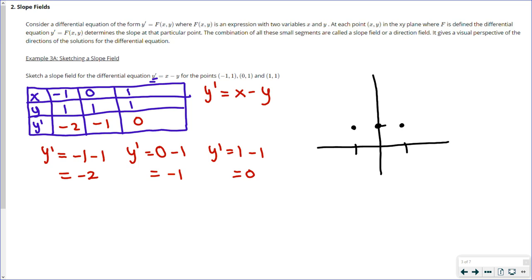A zero slope is going to just be a horizontal flat line. A slope of negative 1 would be like down 1 over 1 in this direction, so we can imagine a line that would look like this. We only want a little tiny piece of this slope, so we're just going to draw a little segment like this.